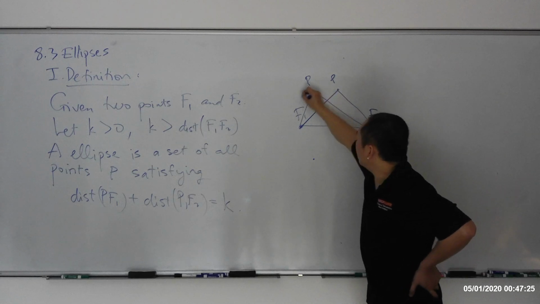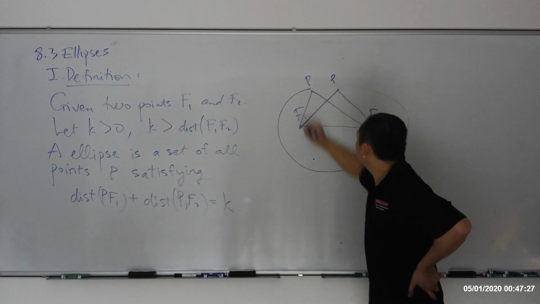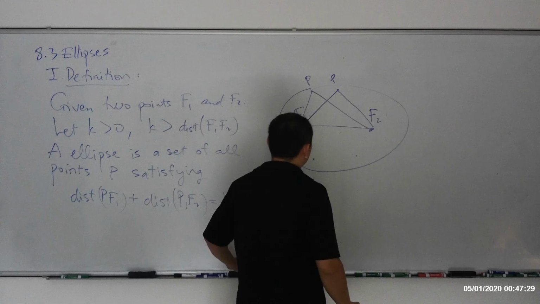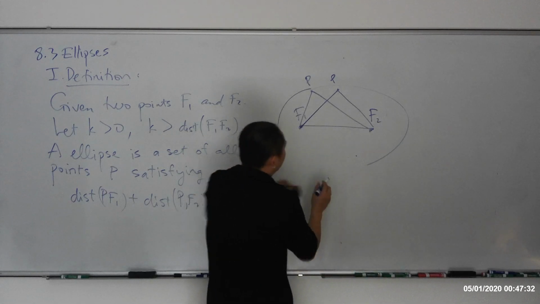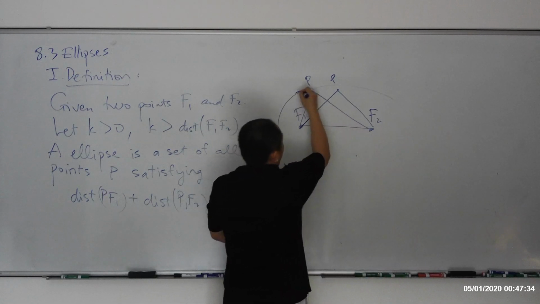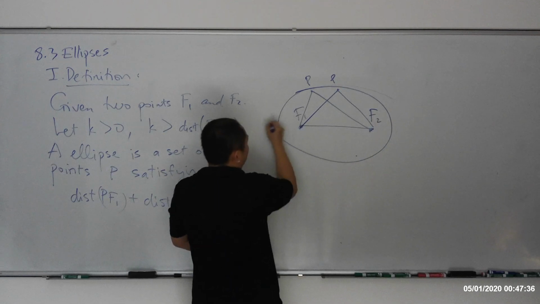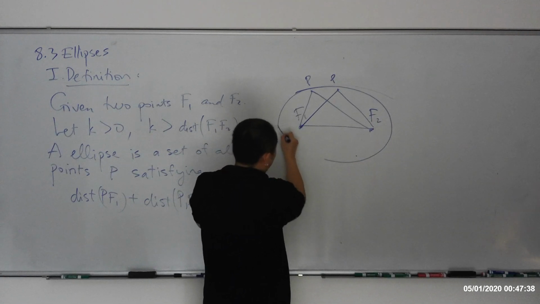If you connect all the points P together, let me draw it a little bit better, we're going to have something called the ellipse. So the ellipse looks like this.